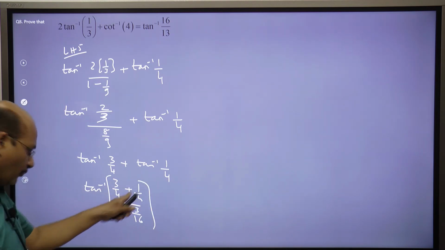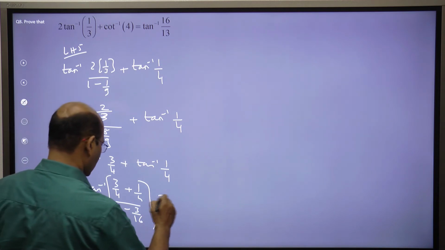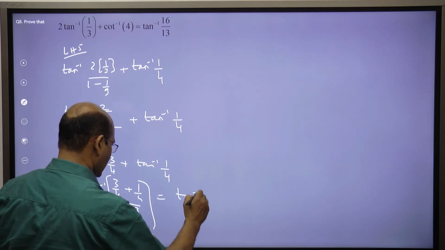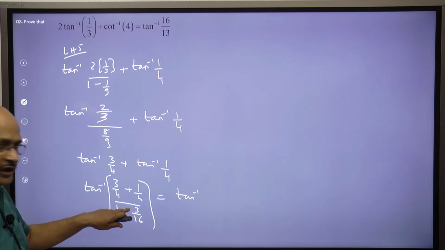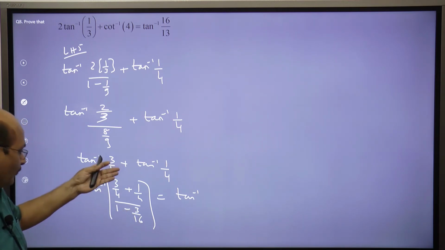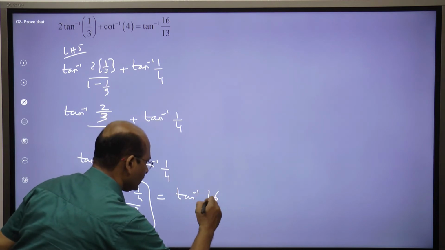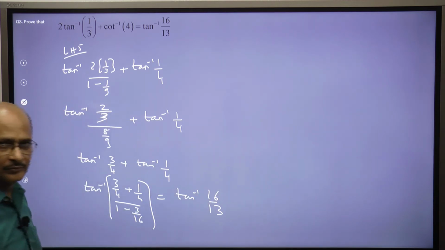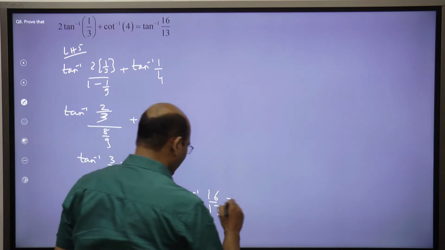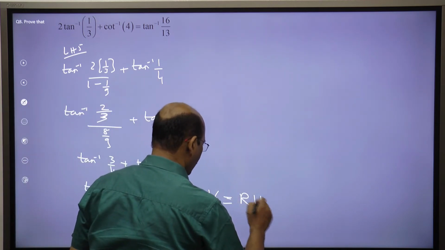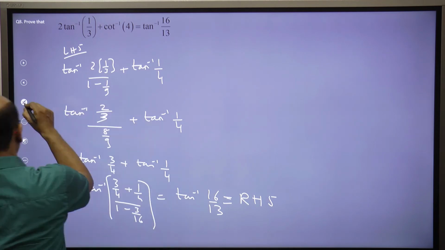It will become 4 upon 4 is 1, so this is tan inverse, 16 minus 3 is 13 and 16 will go up over there. So it is nothing but 16 upon 13. Do you not see the same thing here? That is the point. It is not difficult, you just have to keep your guard.